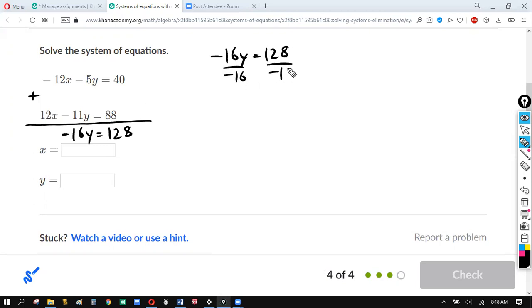Dividing both sides by negative 16. 128 divided by 16 is 8. Okay, so the negative 16s cancel. And y is going to be negative 8.